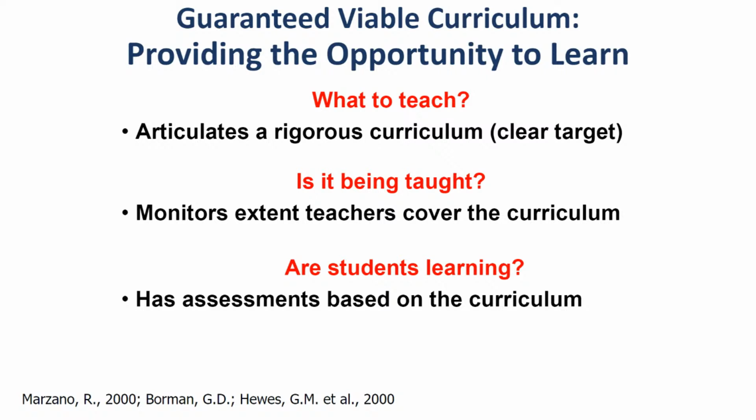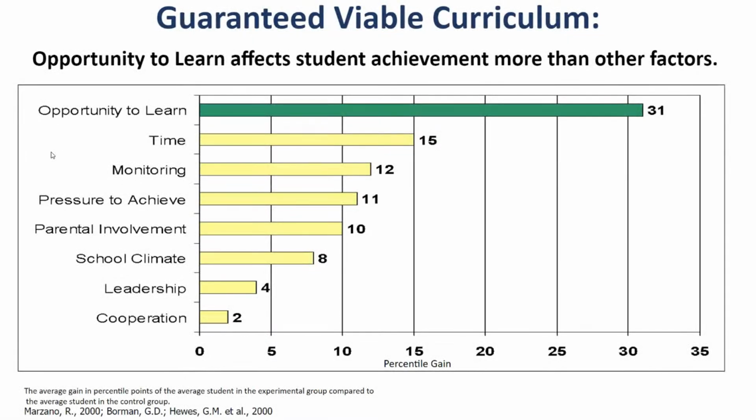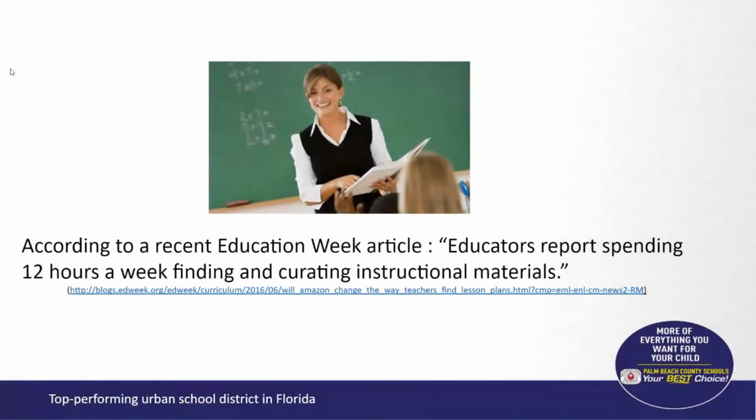So that's why we're trying to give you that access and that opportunity to learn. And in the next slide, you'll see that if you do give those students the opportunity to learn, stay engaged, stay on task with the right resources, that you will have some of the best outcomes possible for your students.